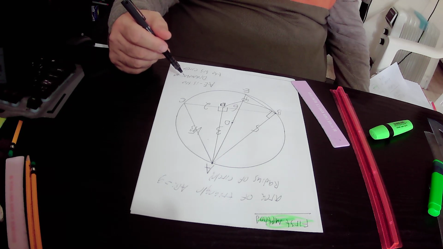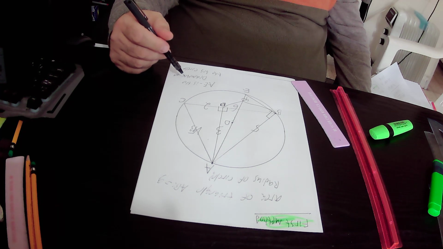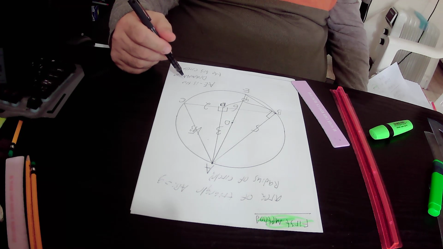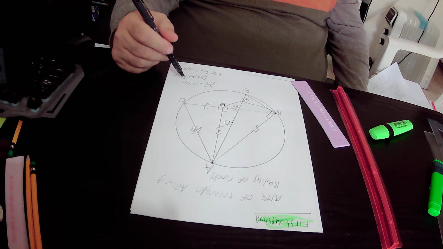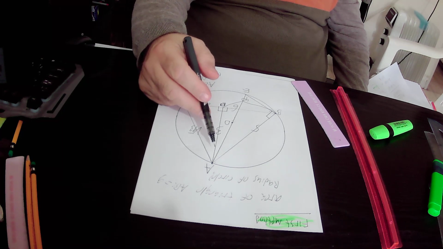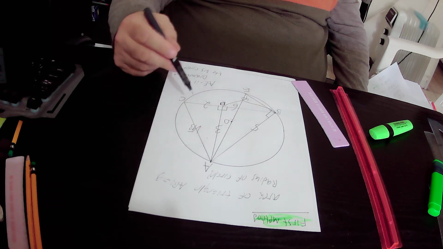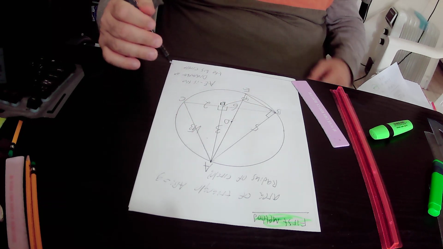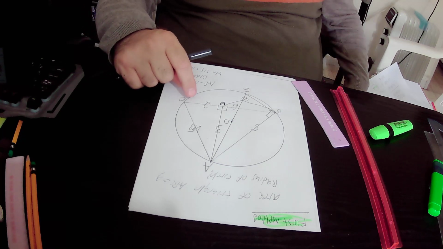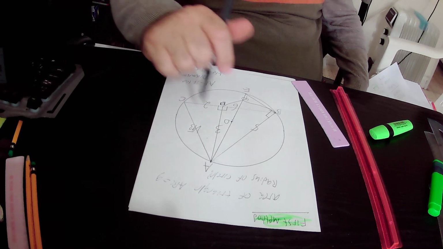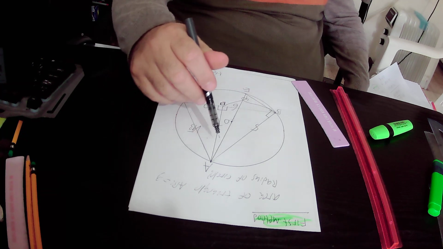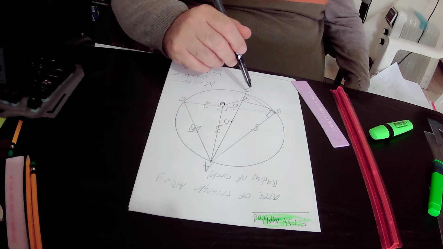And we actually have another rule that states that peripheral angles that rest on the same chord are equal to each other. So here we have chord AB. On chord AB we have two angles that rest on it: angle ACB, and angle AEB also rests on chord AB.